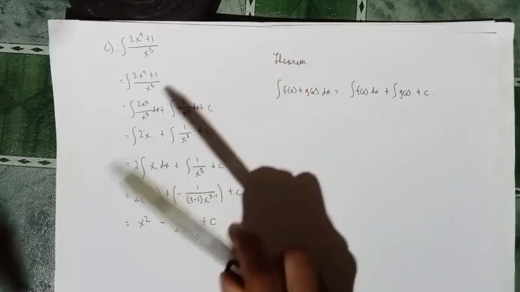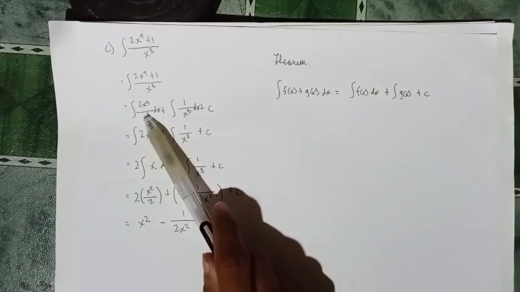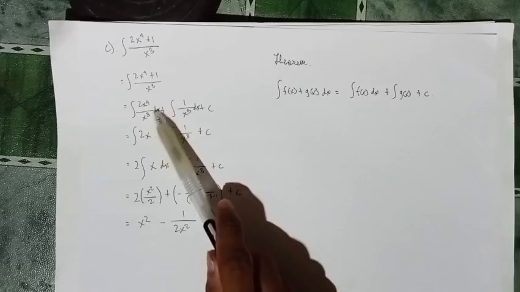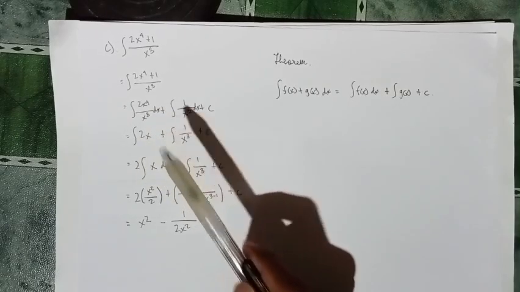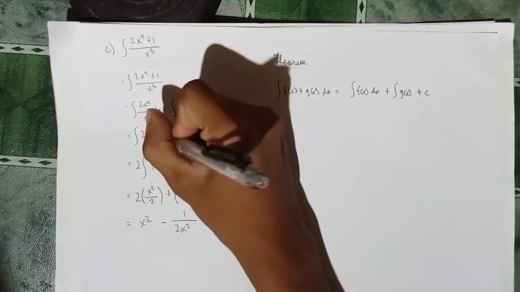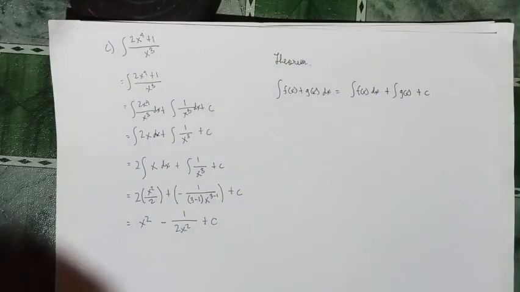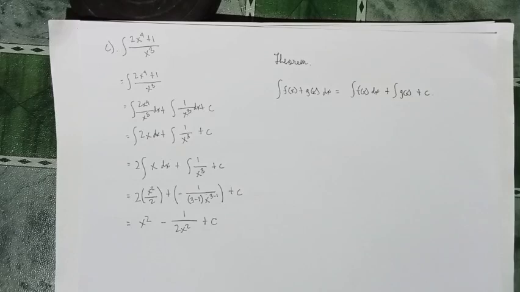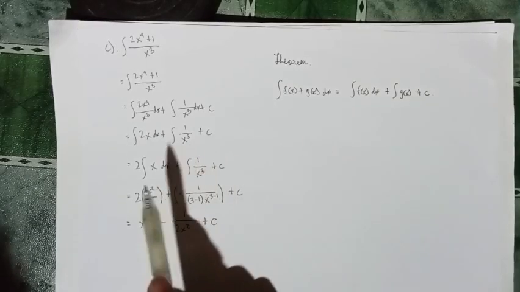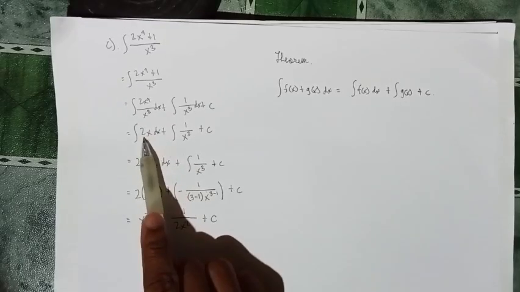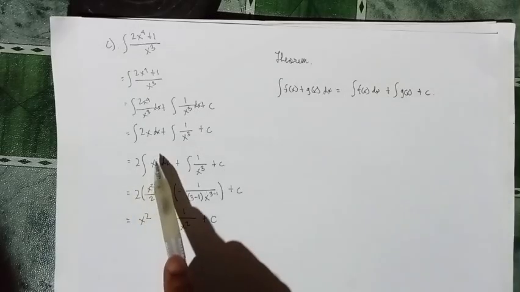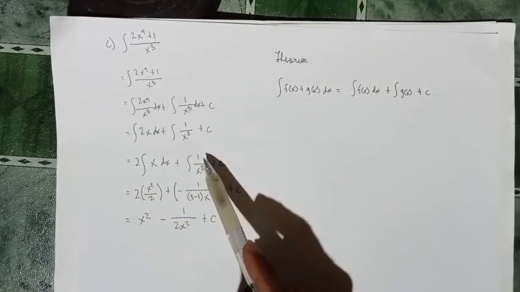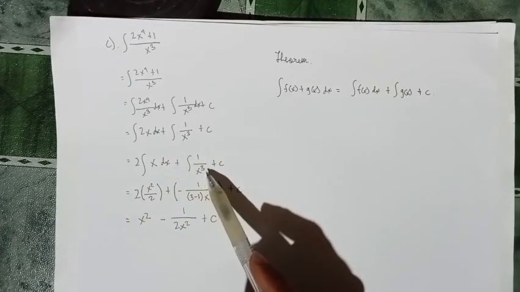And then after that we can simplify, so the integral of 2x dx plus the integral of 1 all over x cubed plus c. Simplifying further, since there is a constant, we have 2 times the integral of x dx plus the integral of 1 all over x cubed plus c.